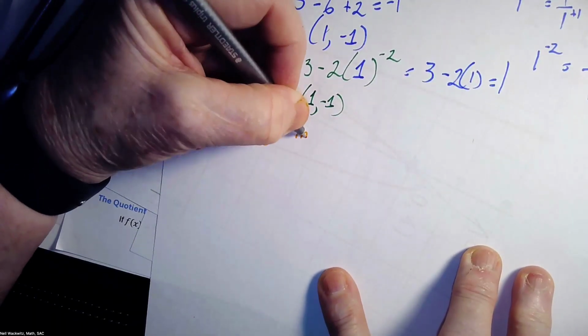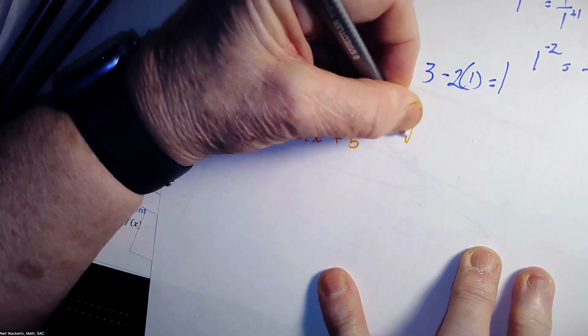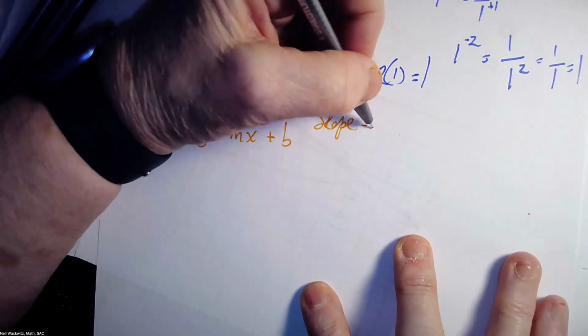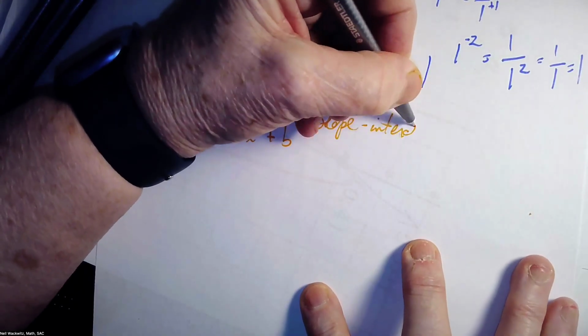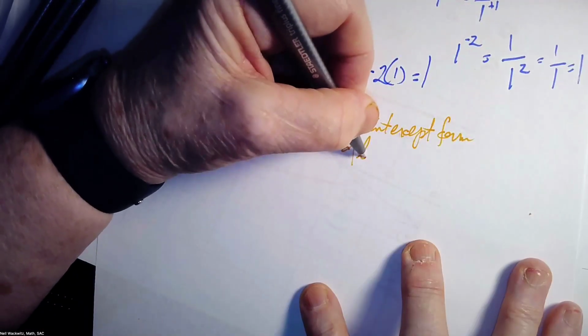y equals mx plus b is the slope intercept form of a line.